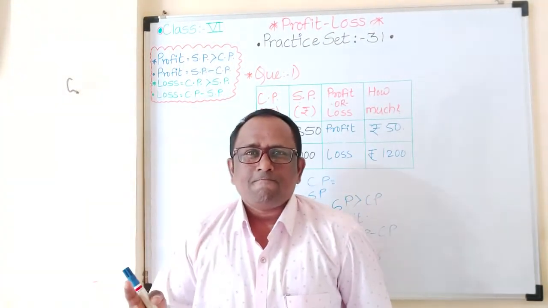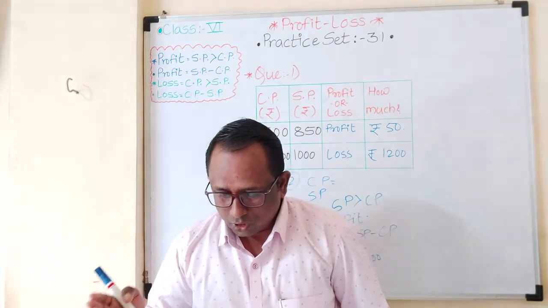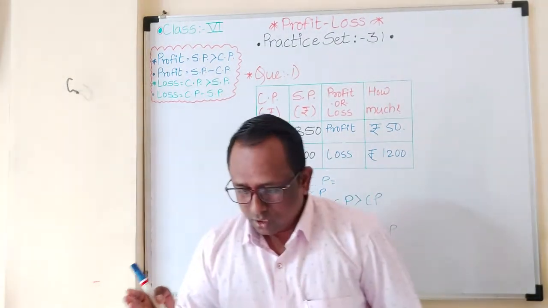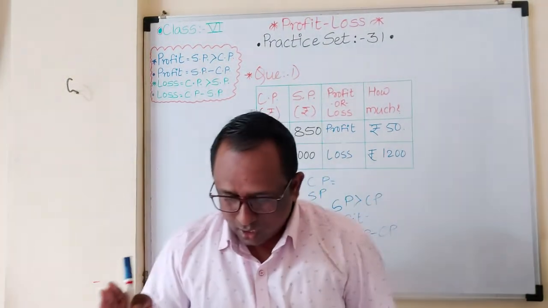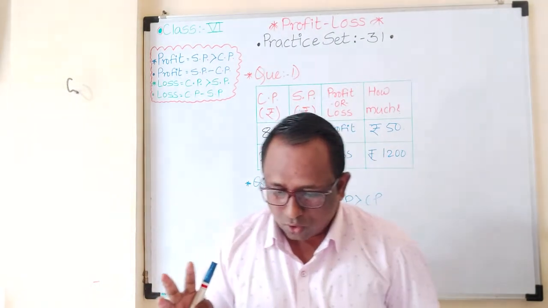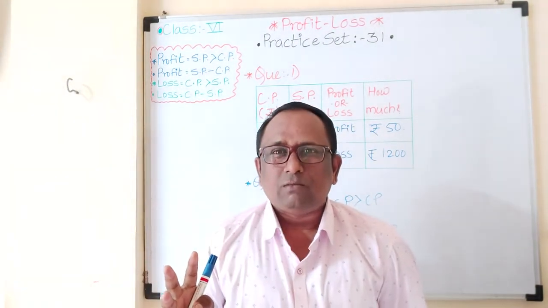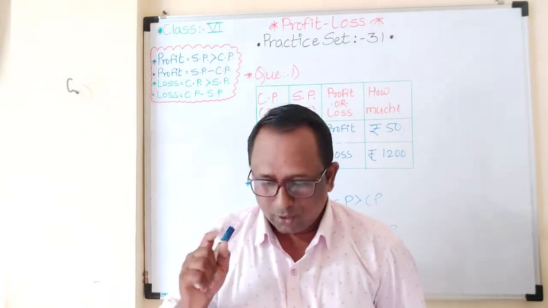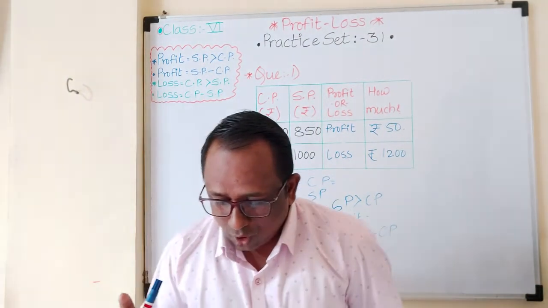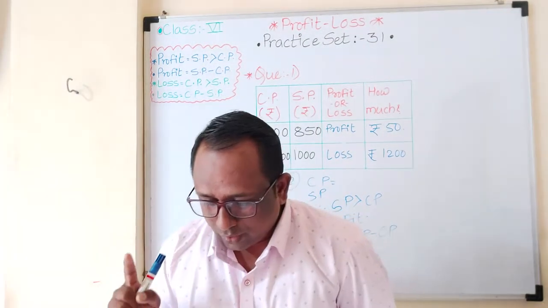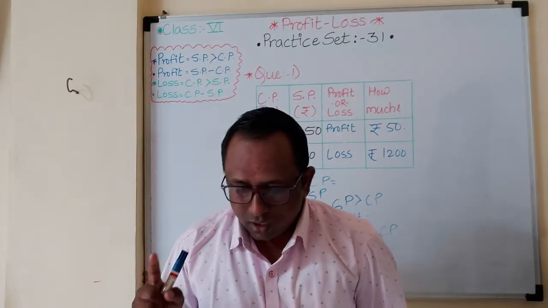As usual, first write the cost price. Cost price is given, that is rupees 15,000. Then the selling price of the chaklis is rupees 22,050.